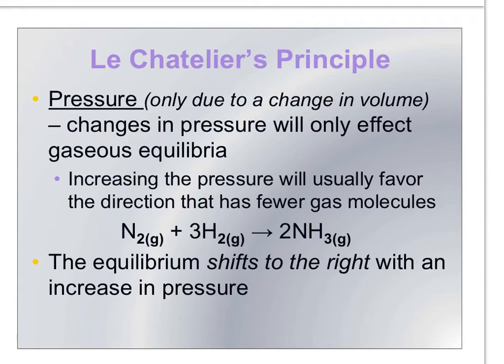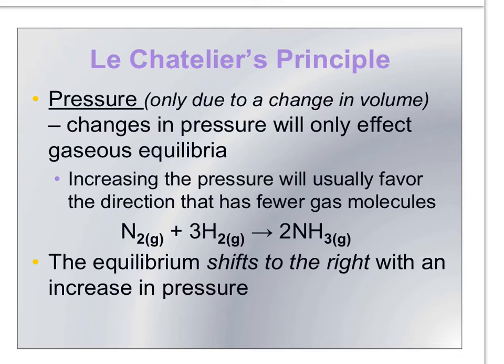If I change the pressure in a different way, then it really does not affect the equilibrium position. We'll talk more about that next year in AP, or you'll talk more about it in college chemistry if you take it. So pressure, remember, has to do with collisions of gas particles.